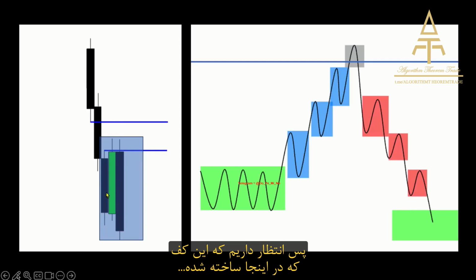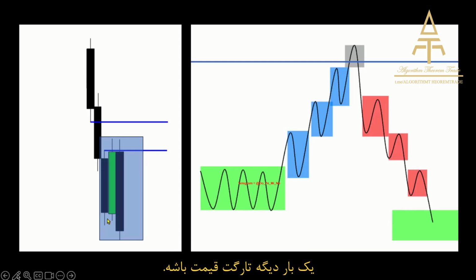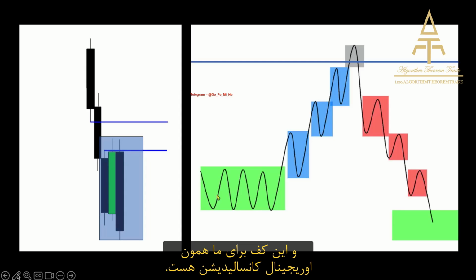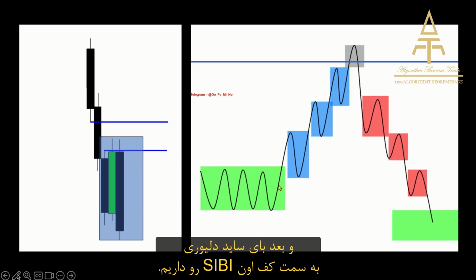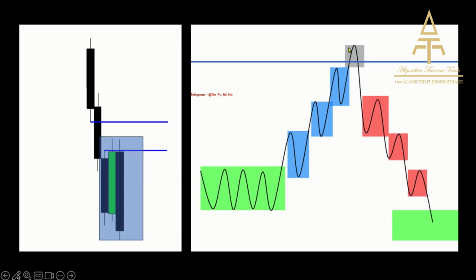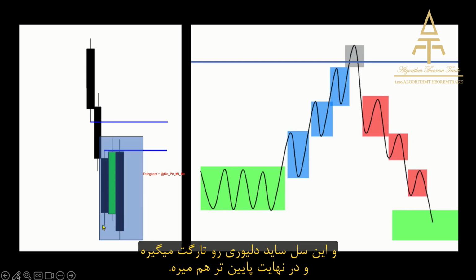So that means we're anticipating that this low that got created right here is going to get targeted once the CB gets reached. So that low is our original consolidation. Then the buy side of the curve unfolds into that CB's low, smart money reversal, boom, sell side of the curve. There it goes, targeting this sell side liquidity right here, and eventually lower.